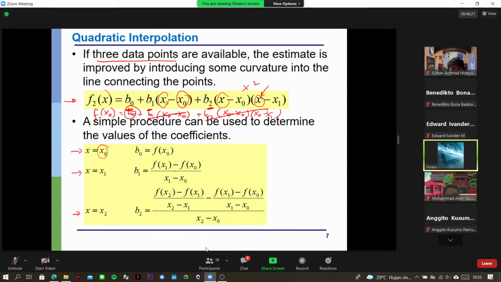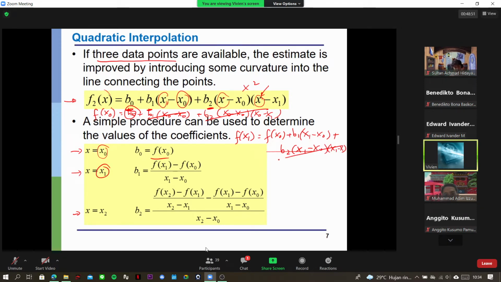Now we use the second data point and insert it into the equation. The value f(x1) equals p0, which is already known as f(x0), plus p1 times (x1 minus x0) plus p2 times (x1 minus x0) times (x1 minus x1). This last term will be 0, so we cross that out.